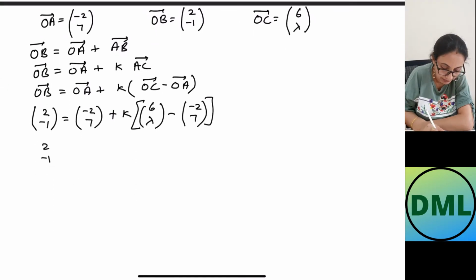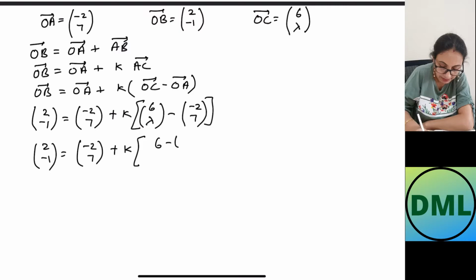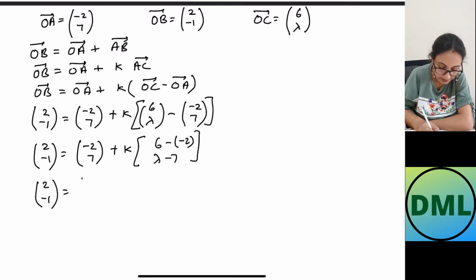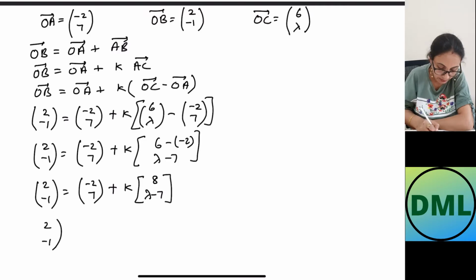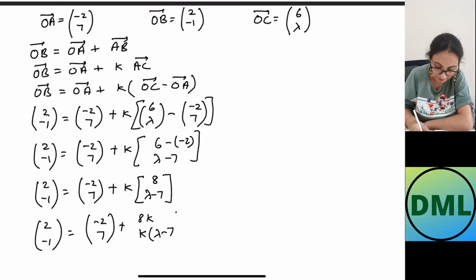So 2, minus 1 is equal to minus 2, 7 plus K times 6 minus of minus 2, and lambda minus 7. So 2, minus 1 is equal to minus 2, 7 plus K times 8, lambda minus 7. So 2, minus 1 is equal to minus 2, 7 plus 8K and K times lambda minus 7.